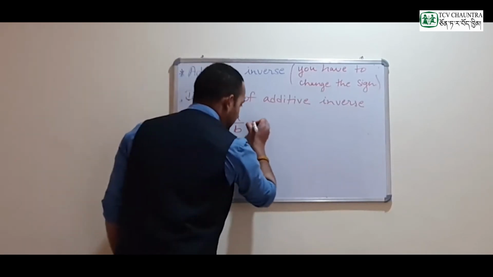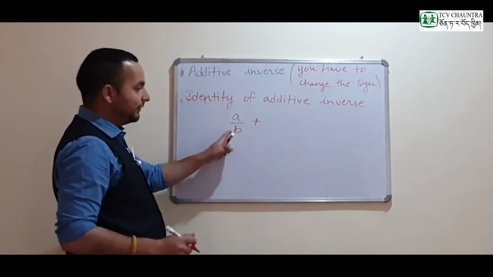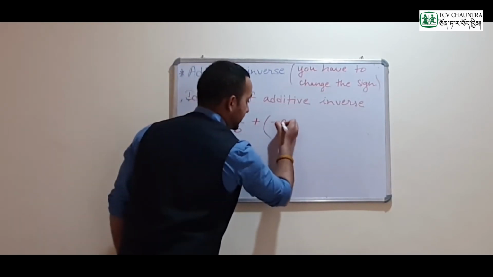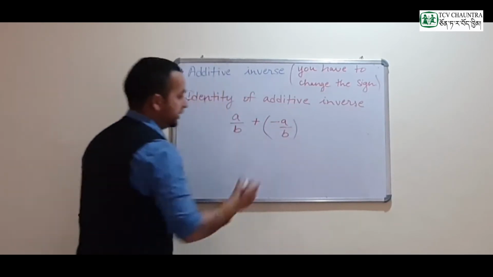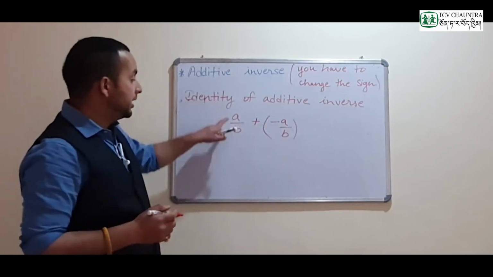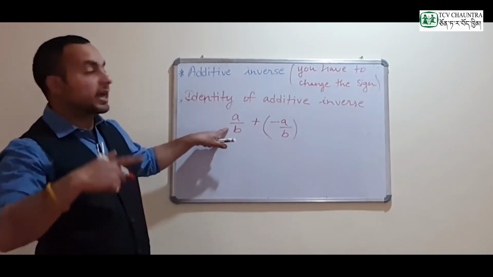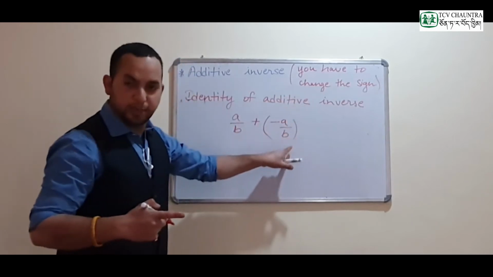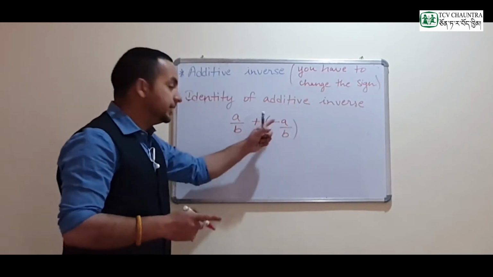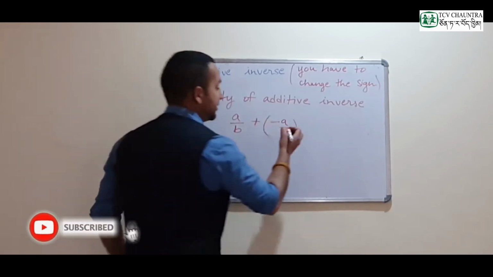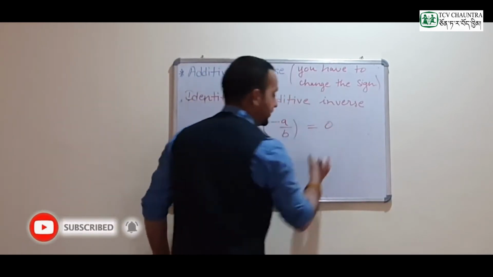When you add the additive inverse of A upon B, that gives the identity. A upon B is the rational number, and its additive inverse is minus A upon B. When you add these two rational numbers or fractions, then your answer is always 0.